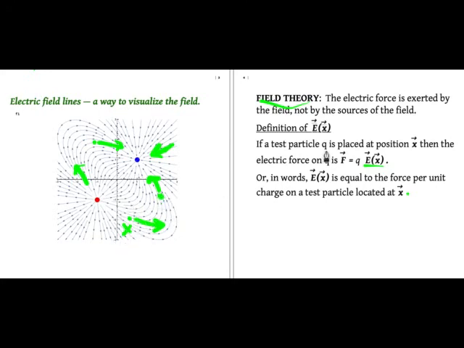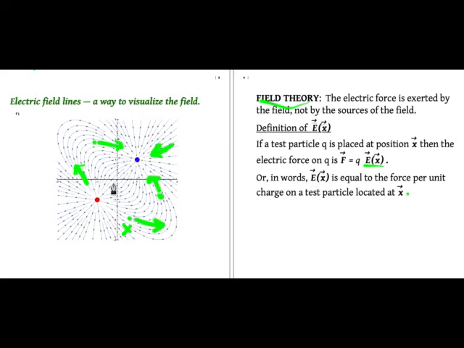I can think of the test charge as a little probe for observing the field, and the electric field is the force per unit charge on that probe. But the electric field exists even if there is no probe present.